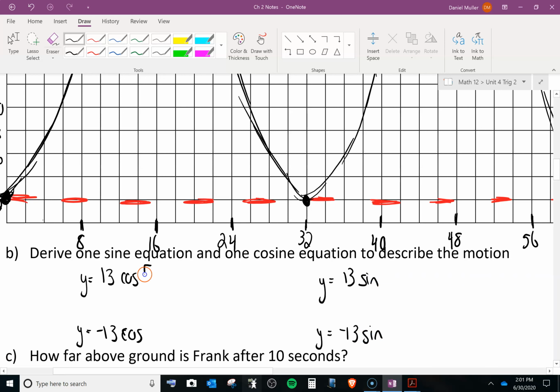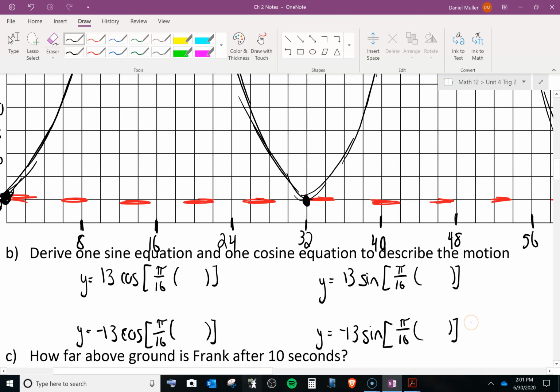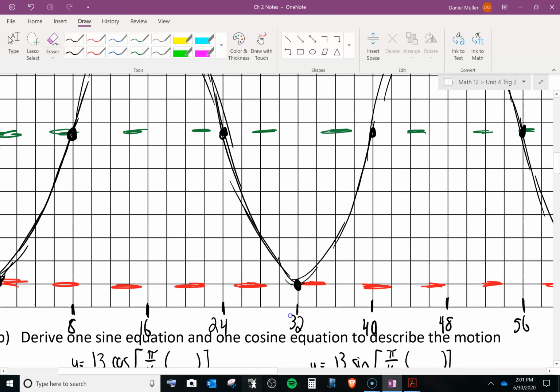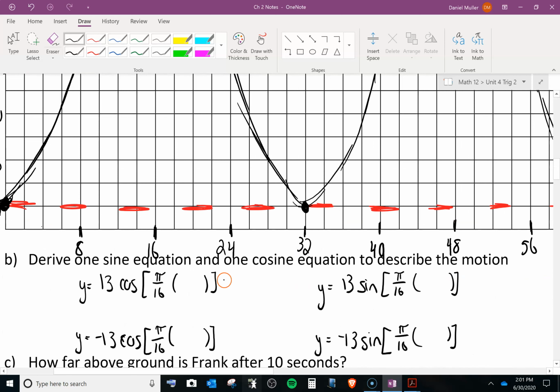Now we can go for our b value. By the way, if you're having difficulty with this in any way, you might want to go back and rewatch some of the other video. But our b value goes here, which is pi over 16. And then there's some room for some x stuff. And then we have a d, and our d value was the center, which is 15. So we'll go plus 15.